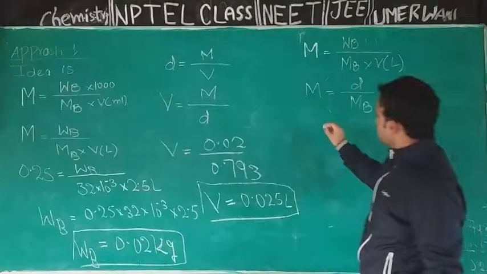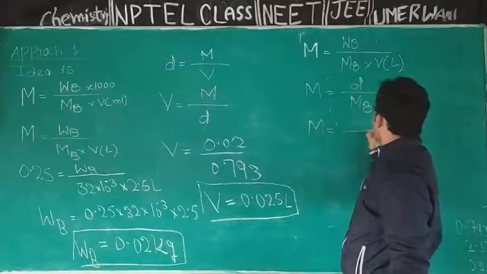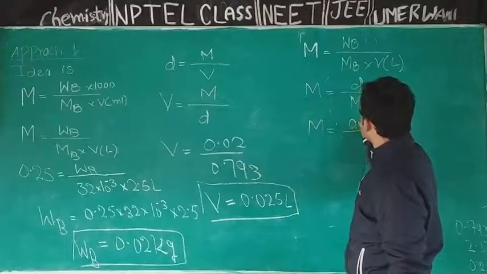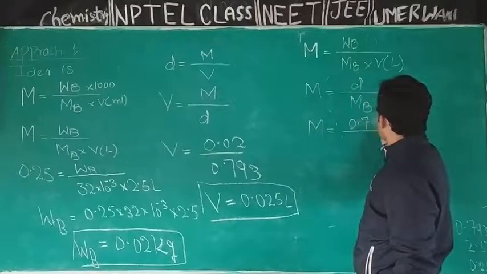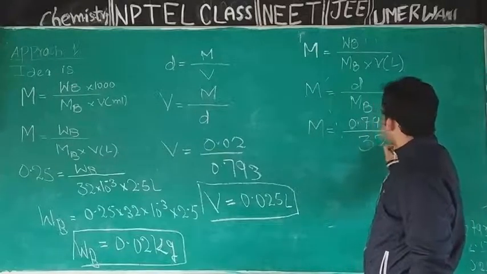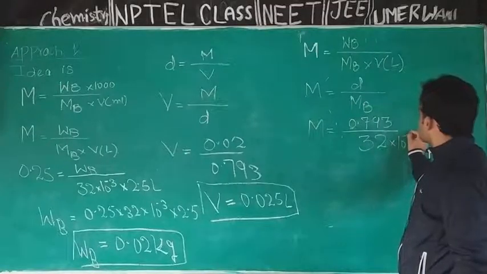Now I will first calculate the molarity of methanol. Its density is 0.793. Its molar mass, I said after calculation, comes 32 grams, but expressed in kilogram.